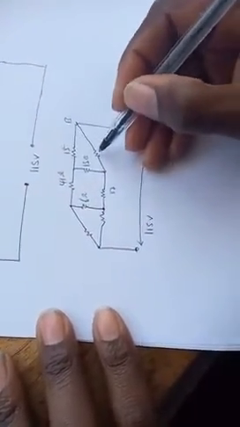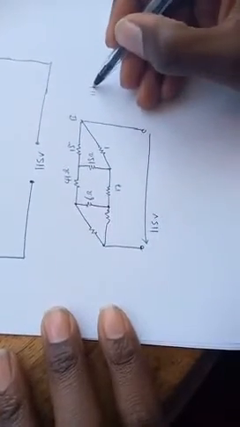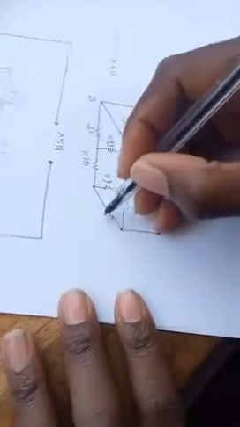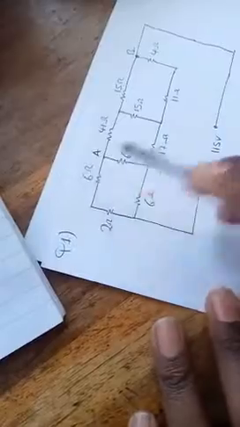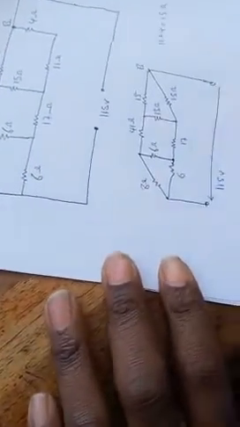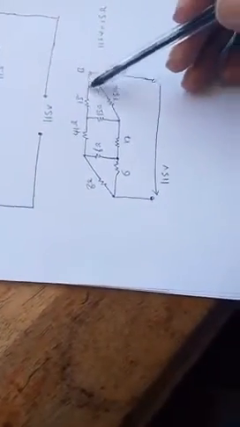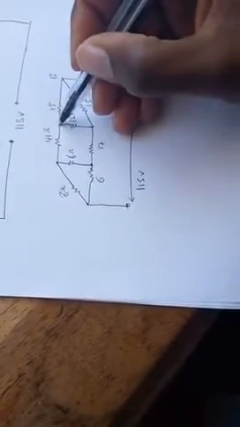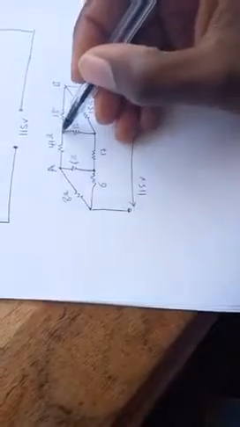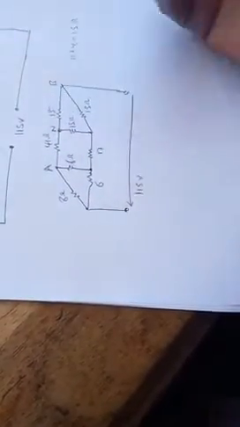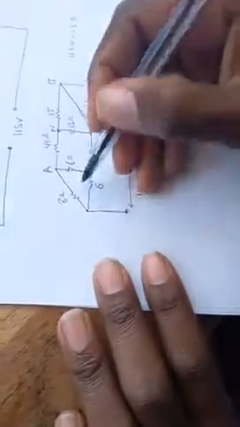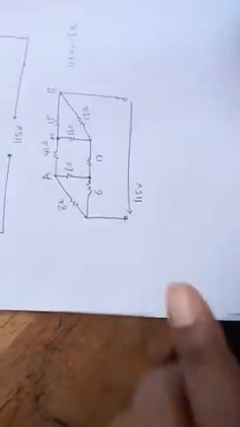Even this one will be 15 because 11 plus 4 is 15 ohms. Here 8, 2 plus 6 is 6 there. You can see this is a triangle, which is a delta. So I can convert this to star.